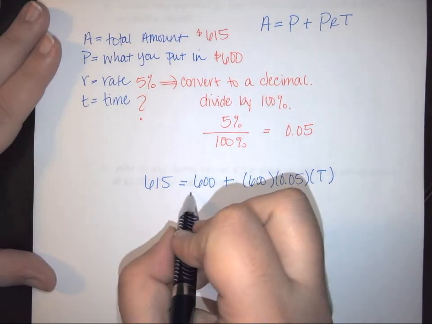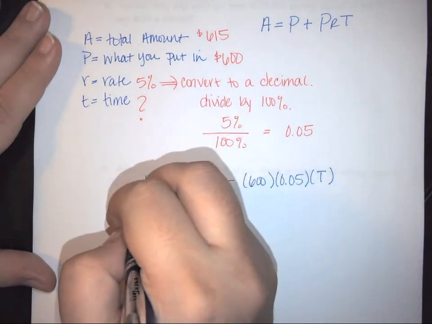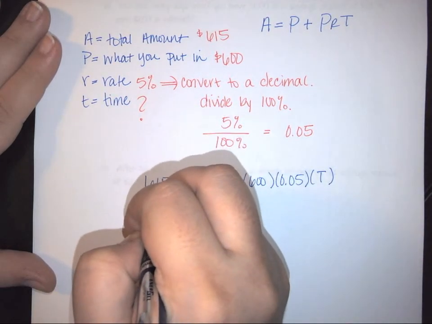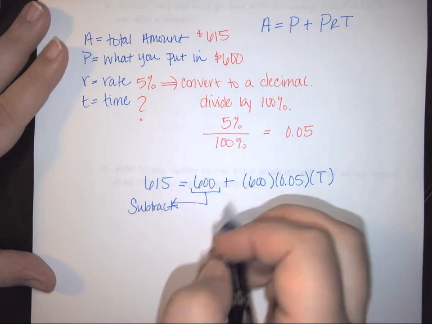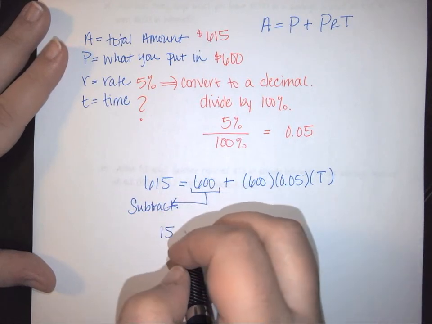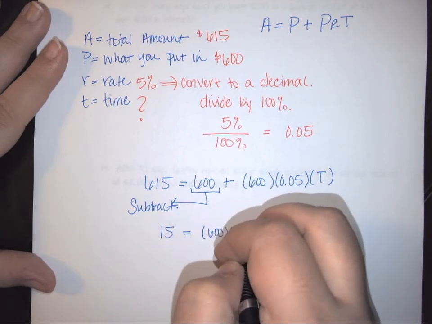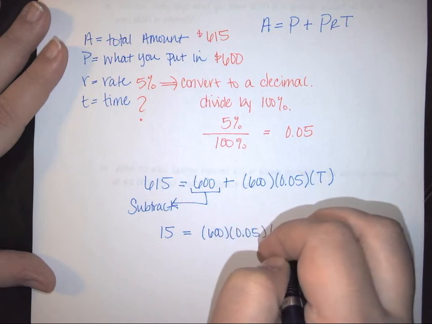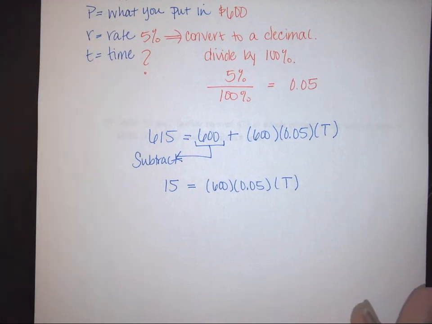So here the first thing that we could do is we would take this 600 and we would move it over. Because it's being added or is positive, to move it says we have to subtract. 615 minus 600 leaves us with 15. And then we're going to have 600 times the 0.05 and T. Now here we have to do 600 times 0.05, and that gives us a result of 30.